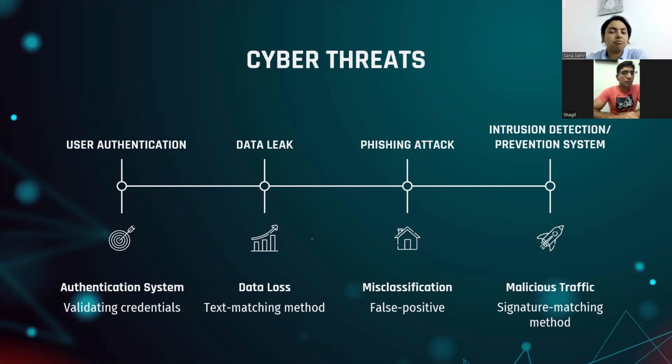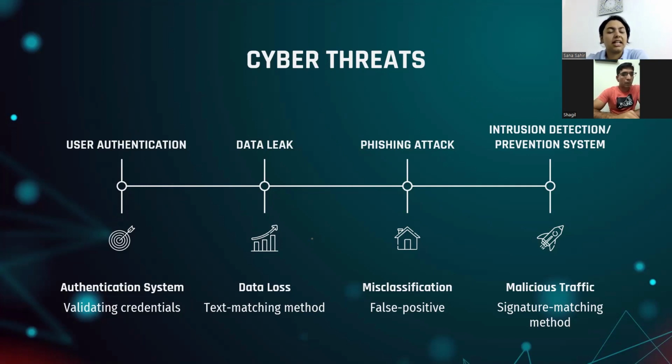So it gives a higher chance of data leak and data loss. The current systems, which I'll be talking about later, use a text matching method. They use a database to map the current access on the system against text databases, however they do not prove to be very efficient.